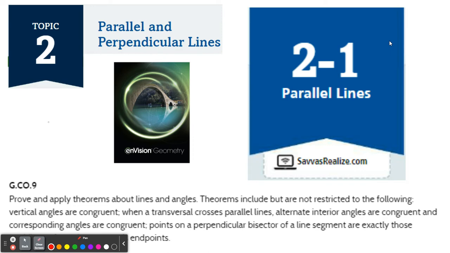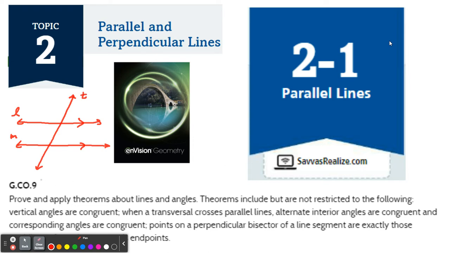You have two lines. Typically, we label them as L and M. If you remember from our very first lesson, you can name lines with a single lowercase letter and an arrow. To mark them parallel, you would put arrows on them. Then typically we have what's called a transversal going through those two lines, usually labeled T for transversal.